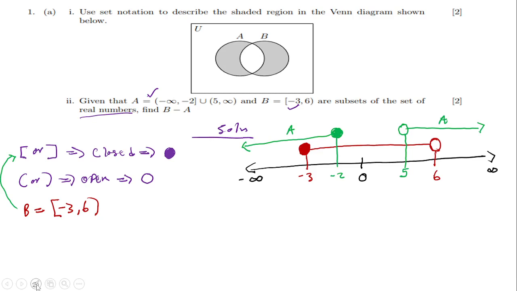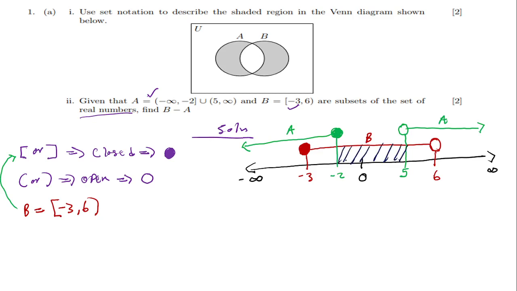The question is saying from B remove A. We don't want anything that is in A to be part of the answer. So what we are focusing on is the part which has remained, and it is this particular part.